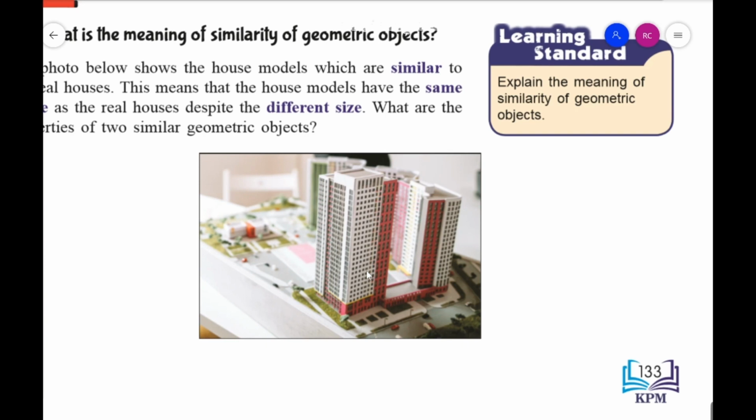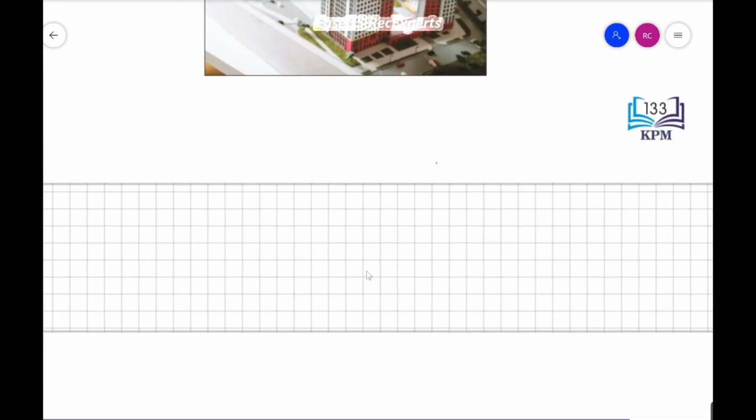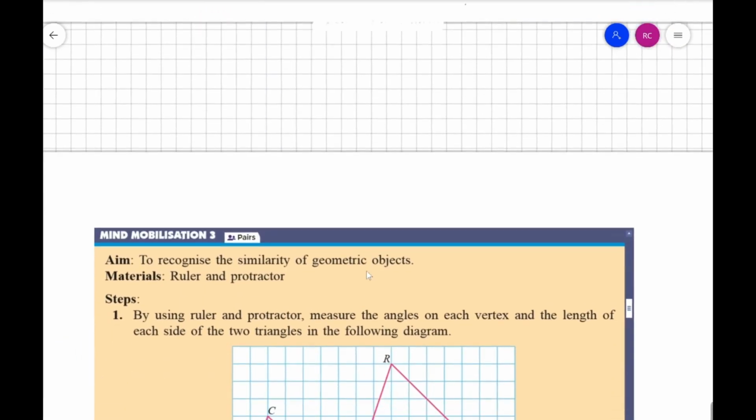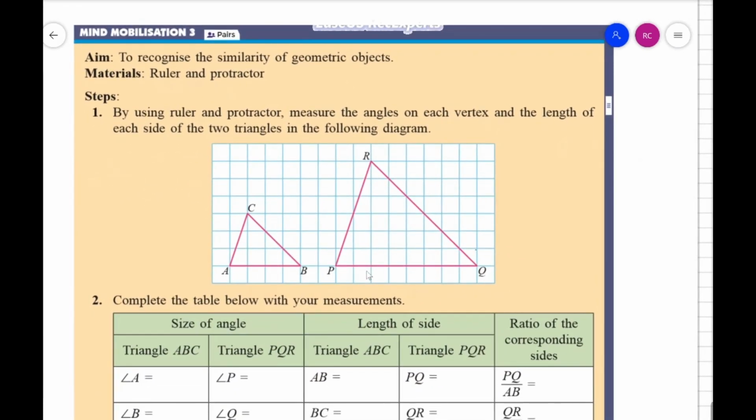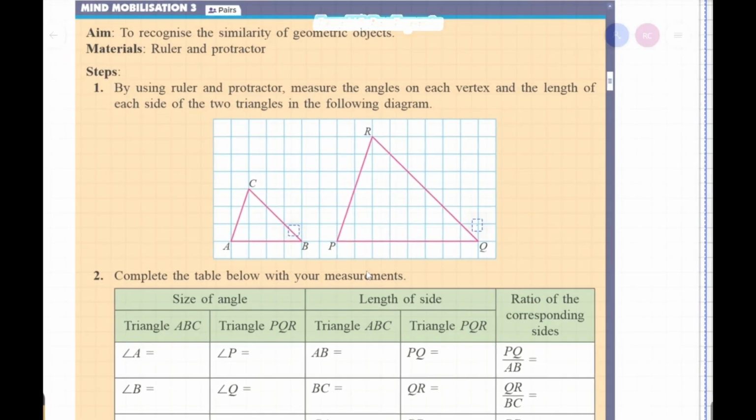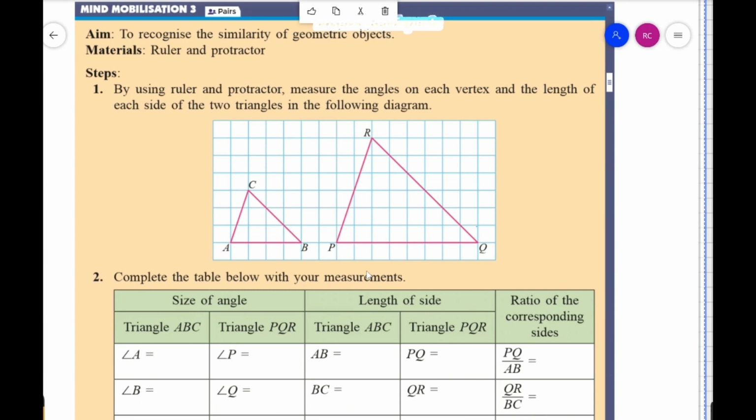Okay, we enter into the mind mobilization part to look into more detail about the meaning of similarity. This part is for you to recognize the similarity of geometric objects. We have two triangles, triangle ABC and triangle PQR. I'm just going to do part of it so that you can find out the meaning of similarity.